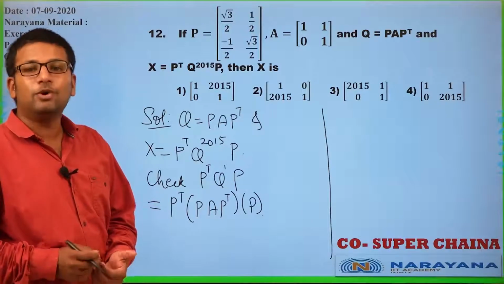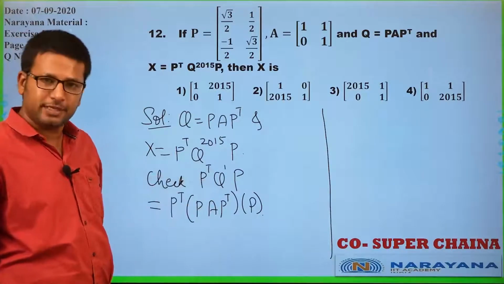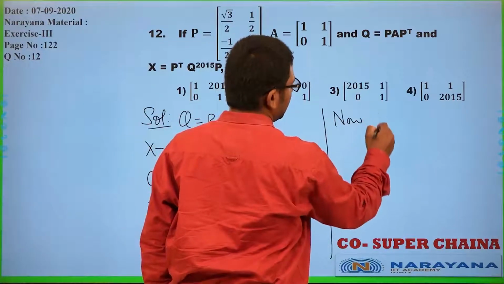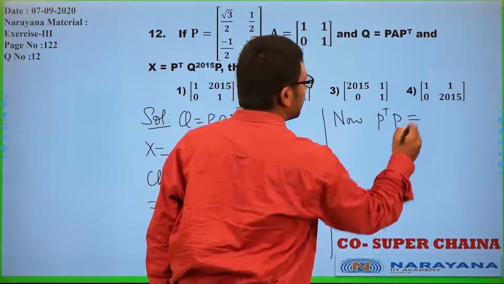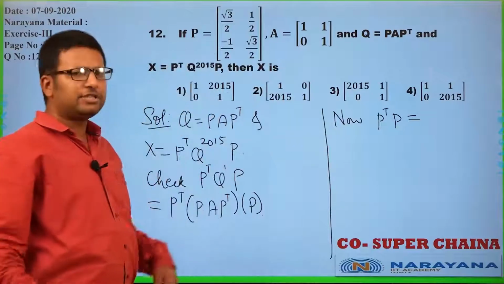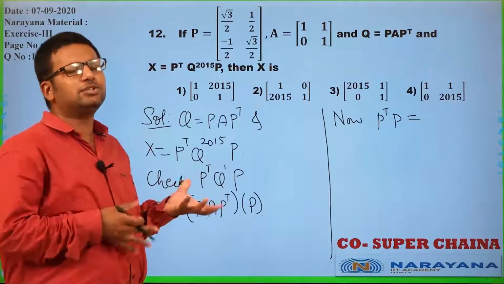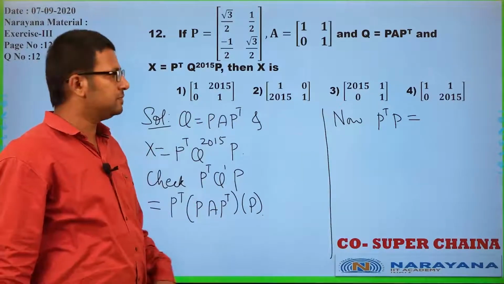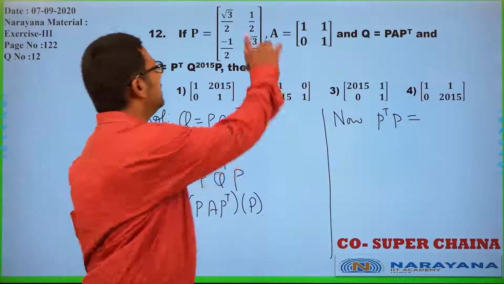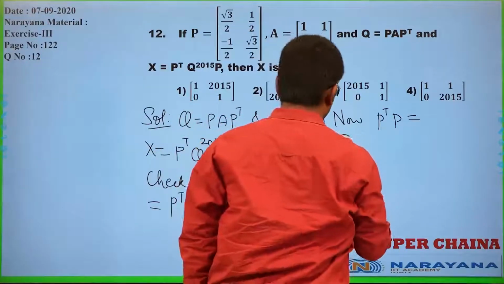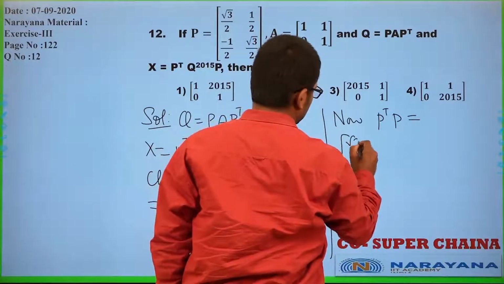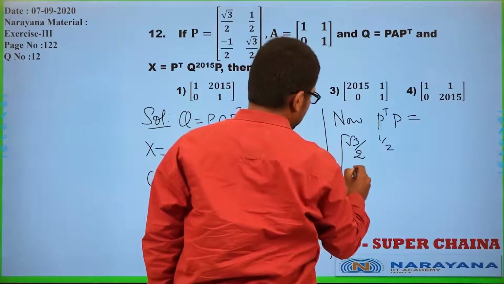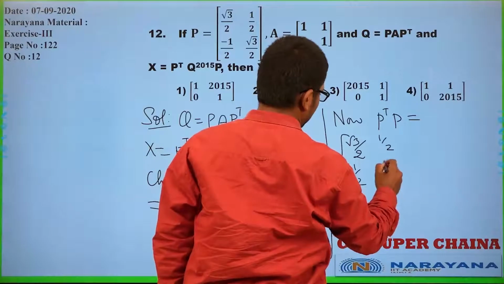Which means it might be good for us to check what is the value of P transpose P. So now we will say P transpose P. I'm just telling you that this is something that we have tried just to see what it is, just to get an idea of how to proceed with the question. So P transpose P would be root 3 by 2, half, minus half, root 3 by 2.